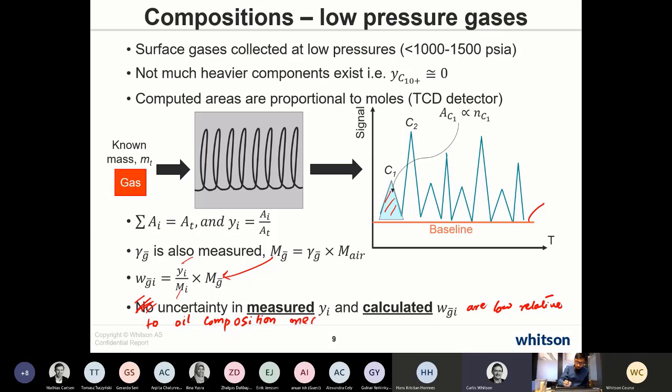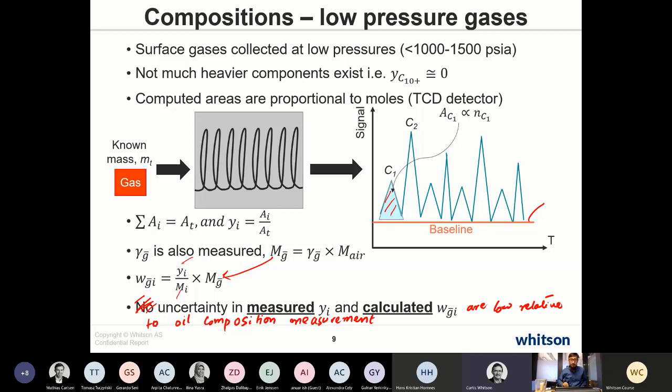And if you do that single stage flash to measure compositions at a higher temperature, for example to avoid wax precipitation, then you get even more of those components.